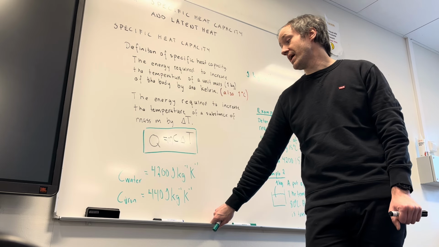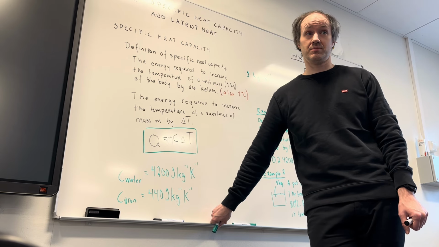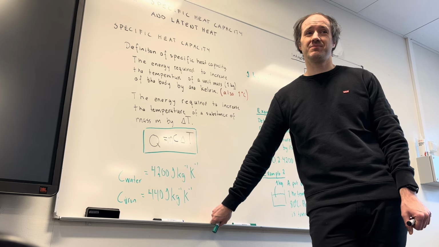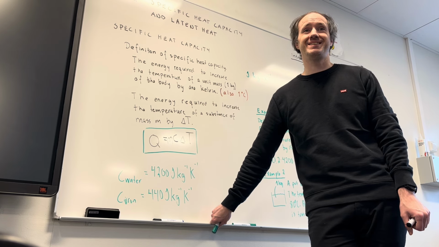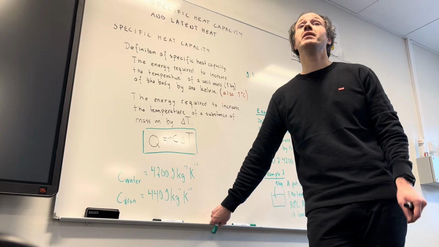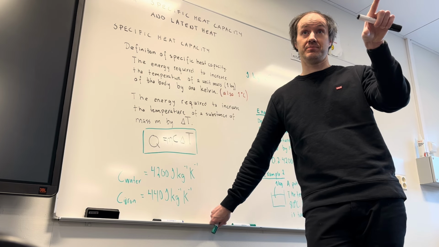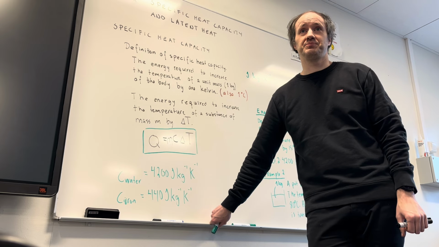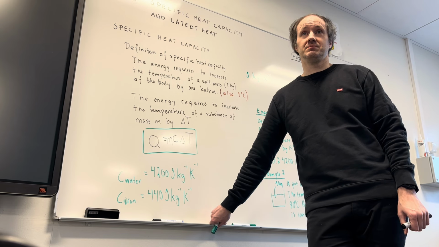Oh no, that has to be kilojoules. It cannot be 4.18. It has to be 4.18 kilojoules per kilogram per Kelvin. Or it was in grams: joules per gram per Kelvin. So it's times 1,000.